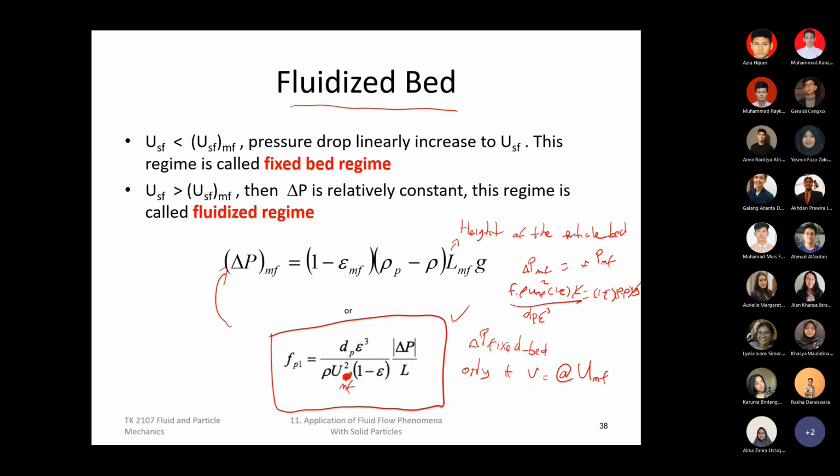Maybe the question would be what's the epsilon at MF condition. Maybe the question will ask you what's the particle size that exactly starts to fluidize at this condition. That kind of thing can be approximated just by playing around with these two equations.